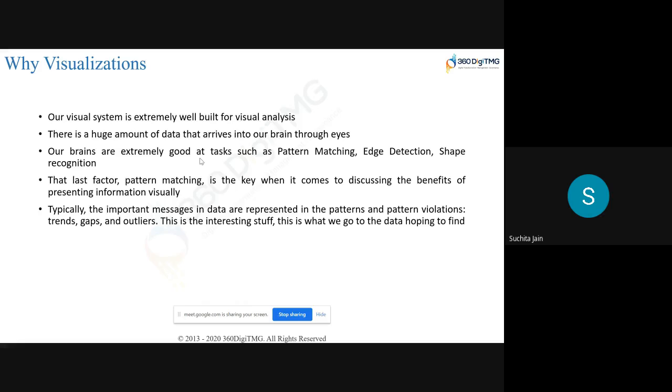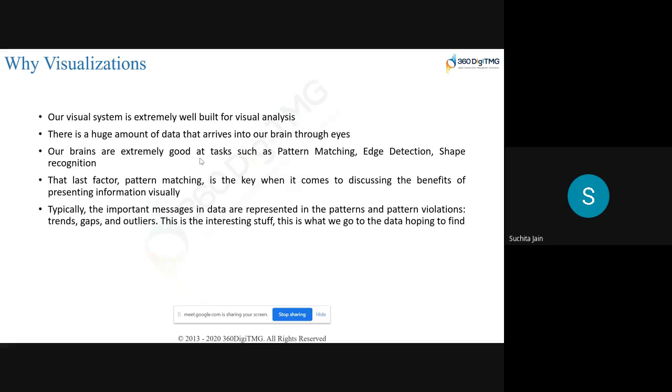We all eat Maggie. Maggie had tried to launch different variants, right? But the normal Maggie, the trend for that Maggie consumption has always been there. Even if it's atta noodles or any other kind of Maggie, the trend for normal Maggie has always been on the rise. So when you put your numbers in a graphical format, then you can compare different variations.